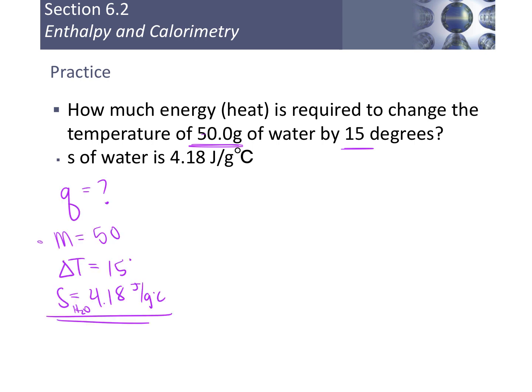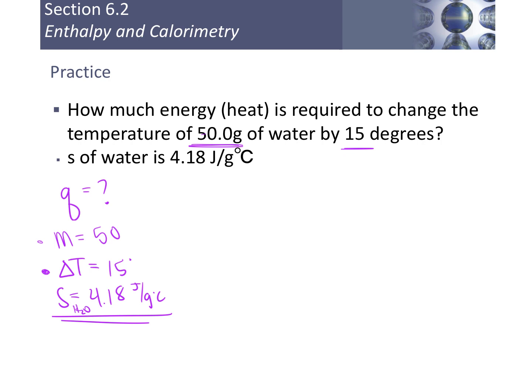Mass was 50 grams. Delta T is 15 degrees. What if it had said the temperature was lowered by 15 degrees? It would just be a negative delta T, right? Very good. So our heat value can be negative. That would mean it's flowing outward, it's cooling off. Do you see how those go together?